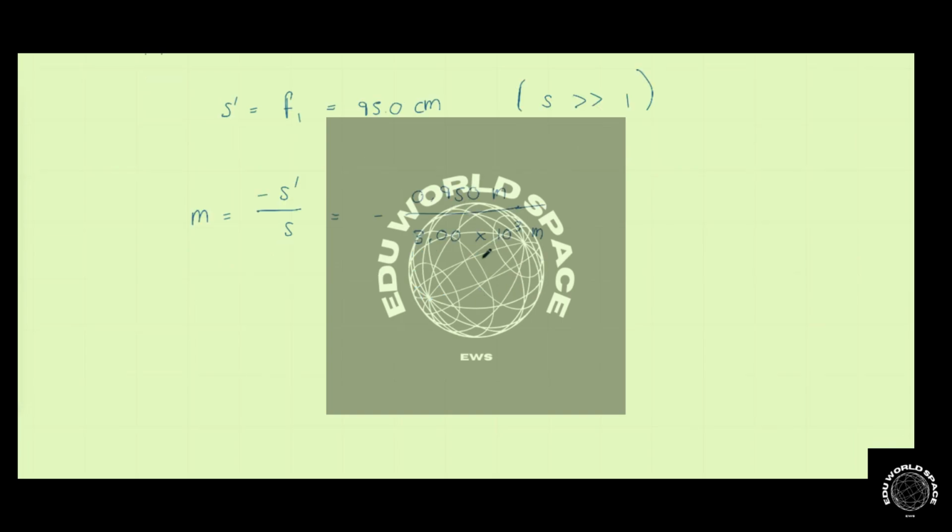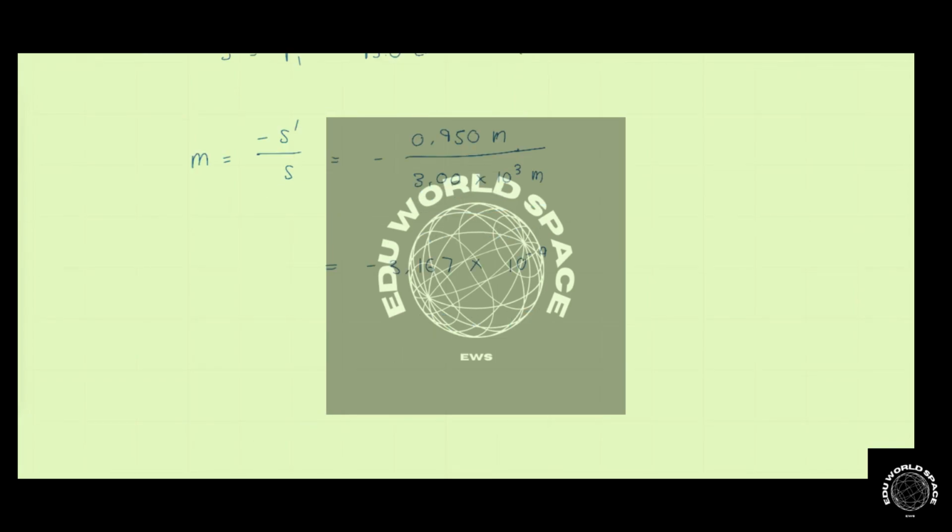So the image distance over the object distance gives us the magnification, which is minus 3.167 times 10 to the minus 4. And so with this magnification, we can find the height of the image that is formed by the objective.